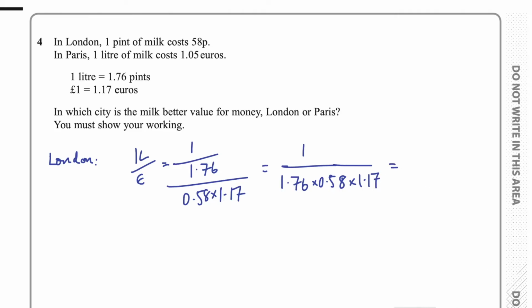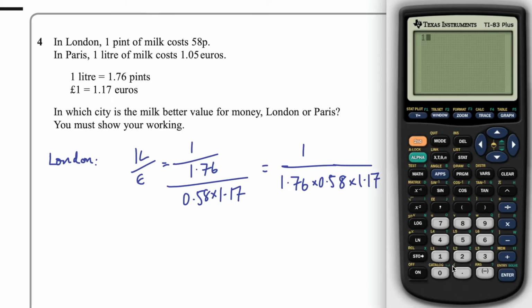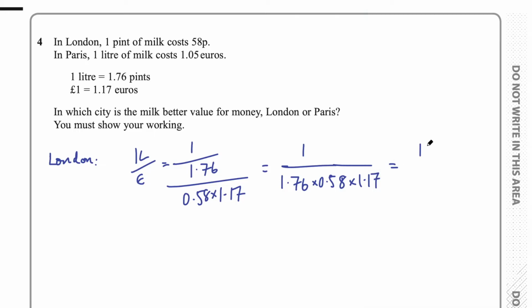If we put that into a calculator, I'll just do the bottom line. So 1.76 multiplied by 0.58 multiplied by 1.17. We get 1.19 approximately. I'll round that off to 1.19. So that's 1 litre per 1.19 euros.